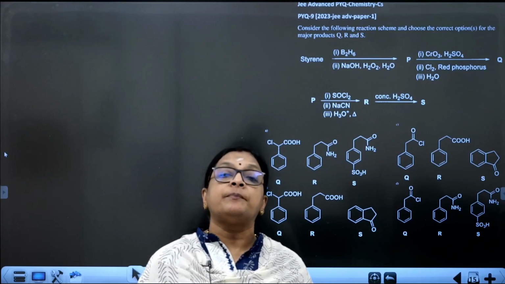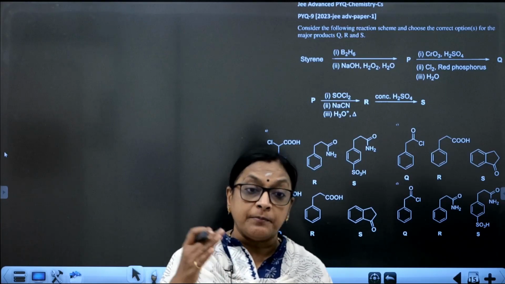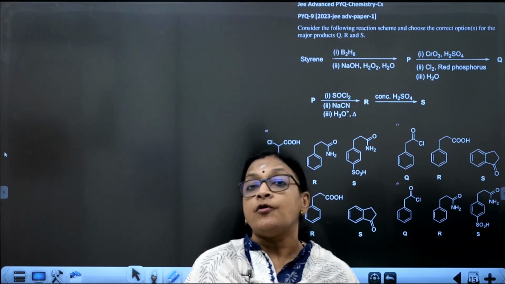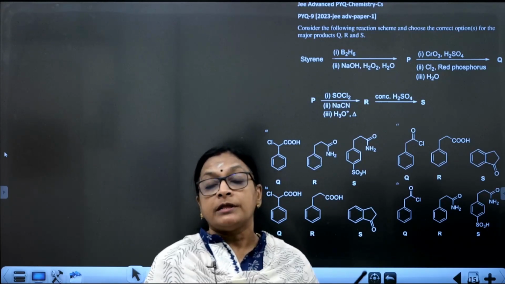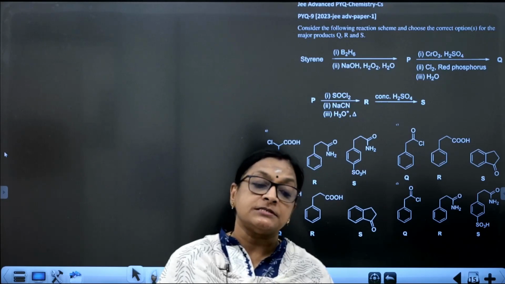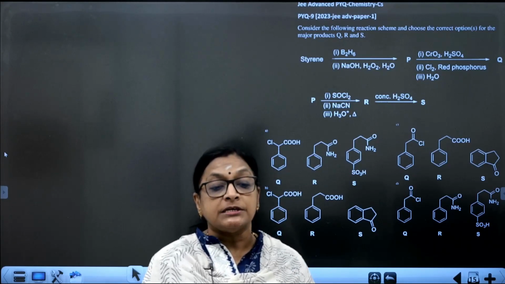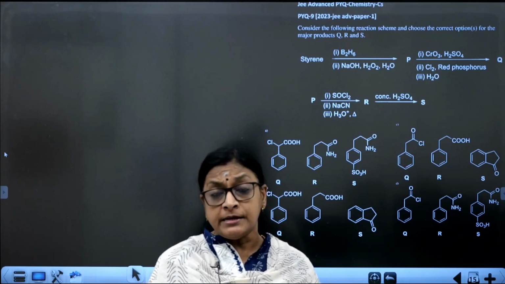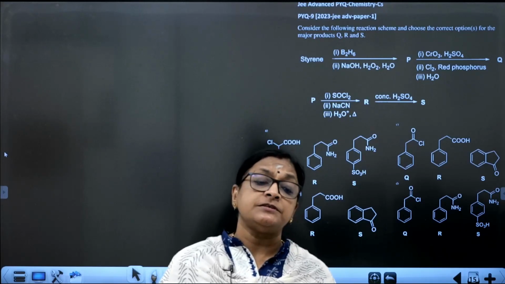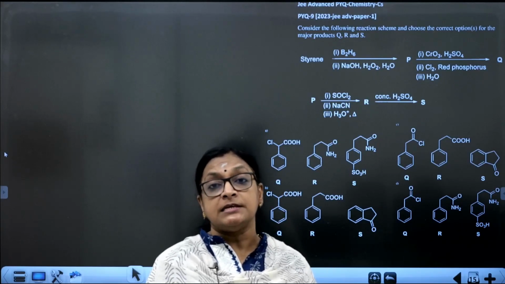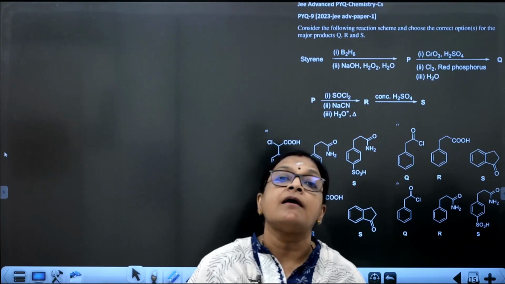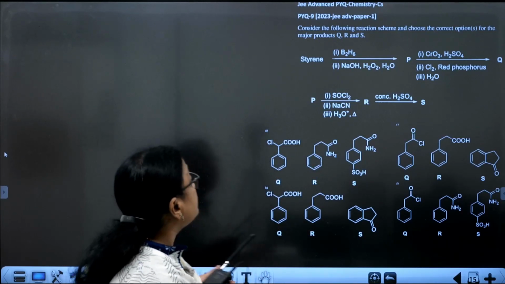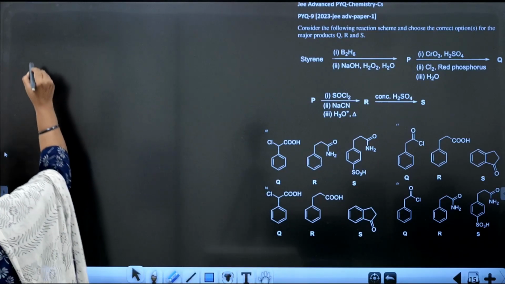You get a product with one more carbon. Upgradation has happened, followed by hydrolysis and heating, so that you get a product R. And finally, this product R is treated with concentrated sulfuric acid, giving S. You are asked to identify Q, R and S. Let us go through these reactions now.